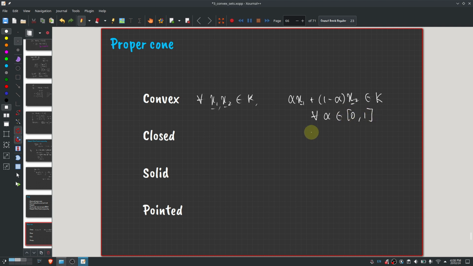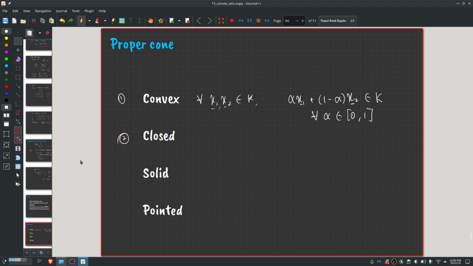Another way to say this is that the proper cone is closed under all possible conic combinations. The second property that we'll require is that the cone be closed.